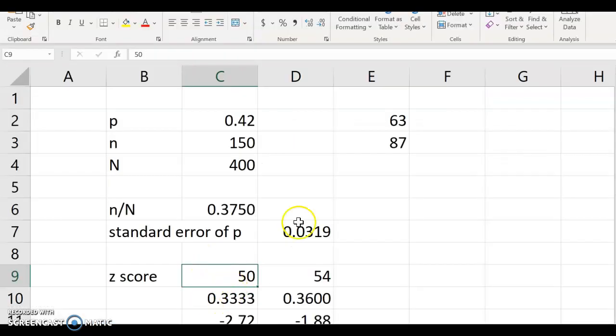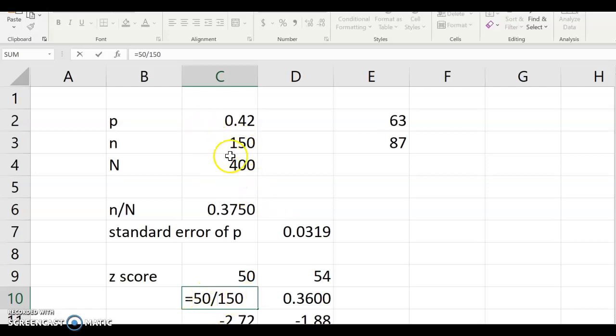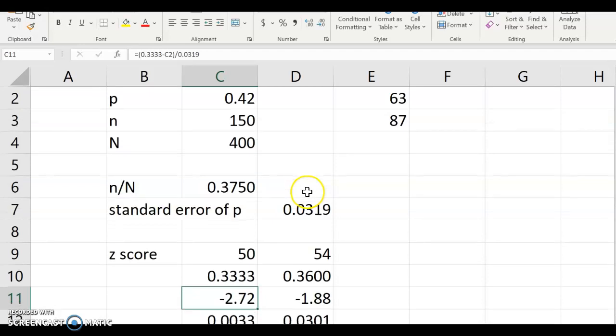So first I had to change this into a proportion. So I did 50 divided by 150, 150 is n, and got that. And then over here I did 54 divided by 150. So there's my sample proportions.